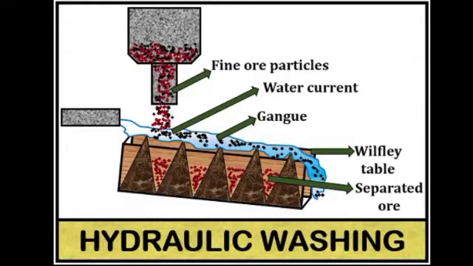This is a filtrate table. What is a filtrate table? The filtrate table is used to separate heavy mineral particles from lighter gangue. So this is the use of the filtrate table. Then after washing, the ore is separated at the bottom of the filtrate table.